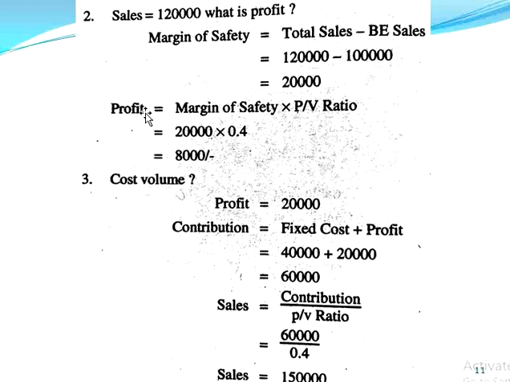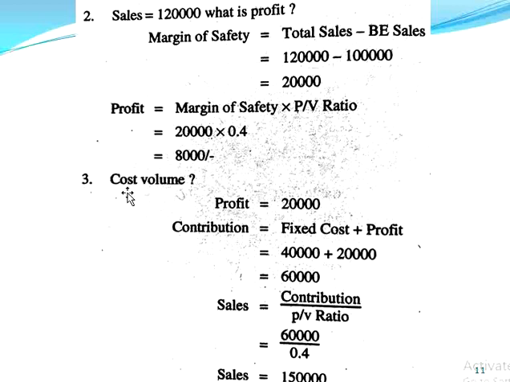Then profit is margin of safety into PV ratio: 20,000 into 0.4, so the net profit is 8,000 on a sale of 1,20,000.